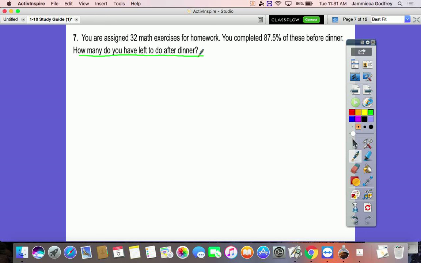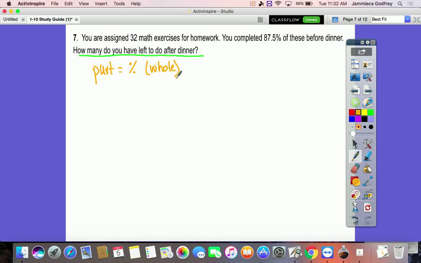So before you can figure out how many you have left, you got to figure out how many you have completed. So again, I'm going to use the part. Part equals the decimal percent, or the percent, times the whole.